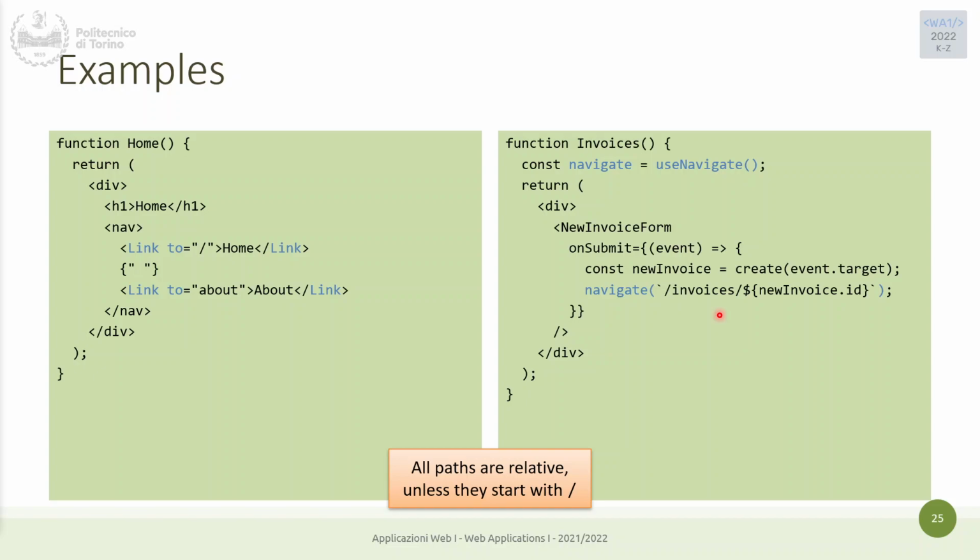As we can imagine, this form will probably add the invoice to the database, or simply to the data structure in the example we saw so far. And then we address invoices/newinvoice.id to display this newly inserted invoice.